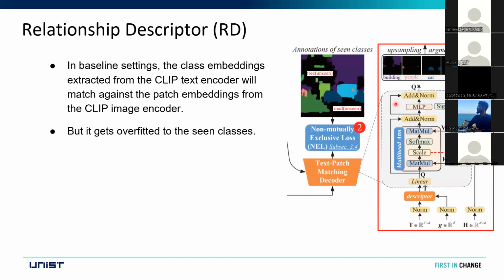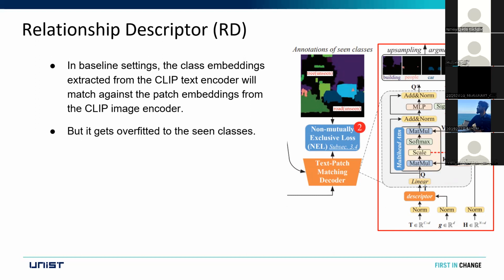And for the last one, the relationship descriptor. Normally in the baseline, they take the text embedding from the text encoder and the image embedding from the image encoder, and the patches from the image together, and put them in a text patch matching decoder to get the final segmentation output.